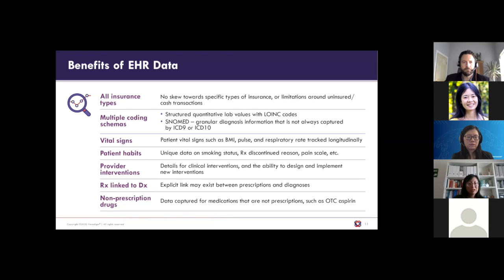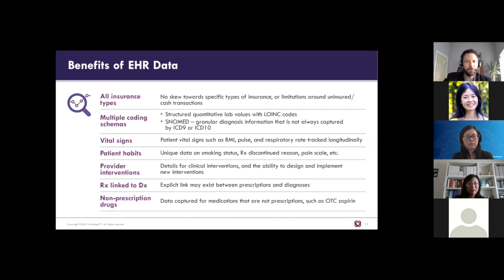As I mentioned, EHRs have the capability to capture visits, and information that we would otherwise have to derive or divine from claims, or take the time and effort to survey and collect directly.